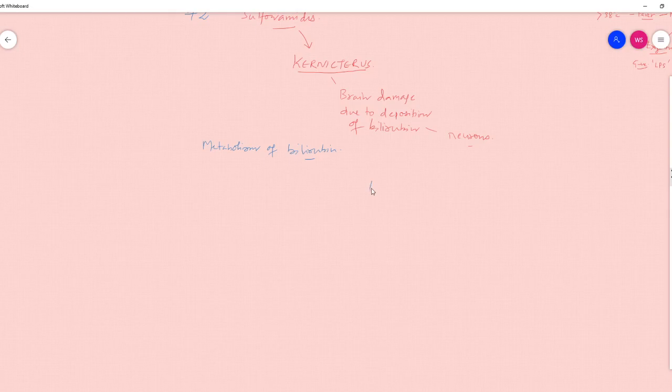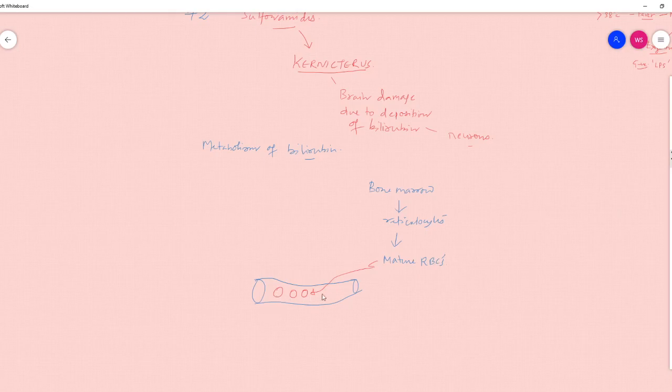So the story begins in the bone marrow, which produces reticulocytes, which gives rise to mature RBCs. And these mature RBCs are carried in the blood vessels. Okay, those are the mature RBCs.